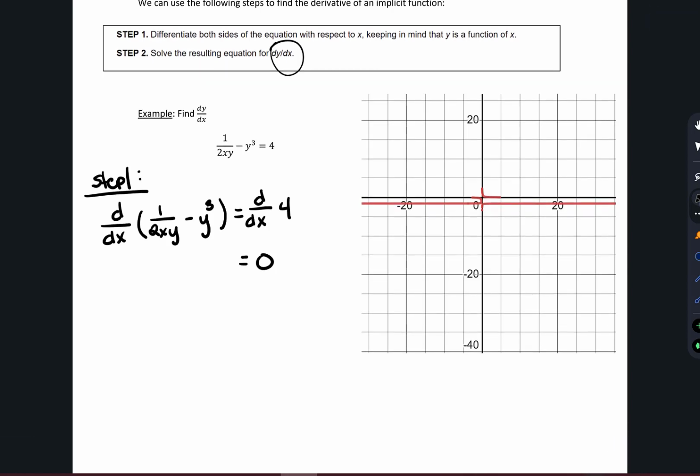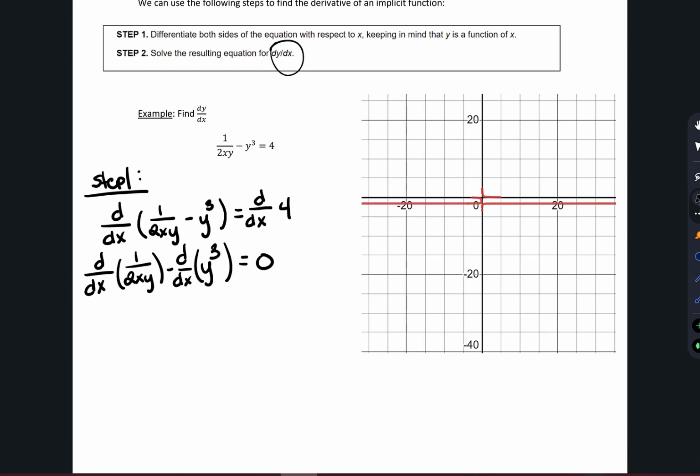Now here on the left hand side, we could use that summation rule, and this is going to be equal to the derivative with respect to x of 1 over 2xy minus the derivative with respect to x of y to the third. Okay.